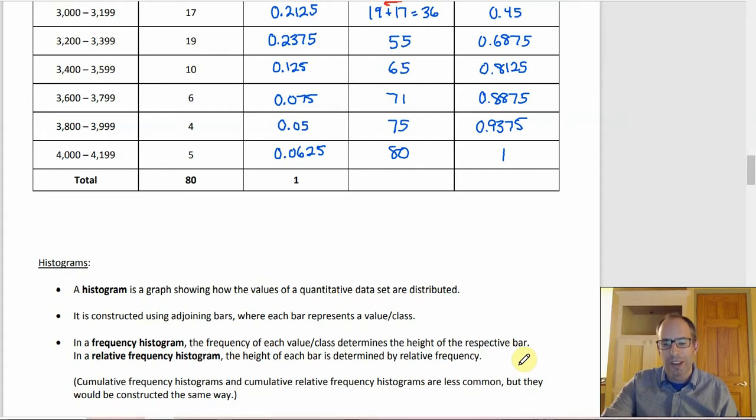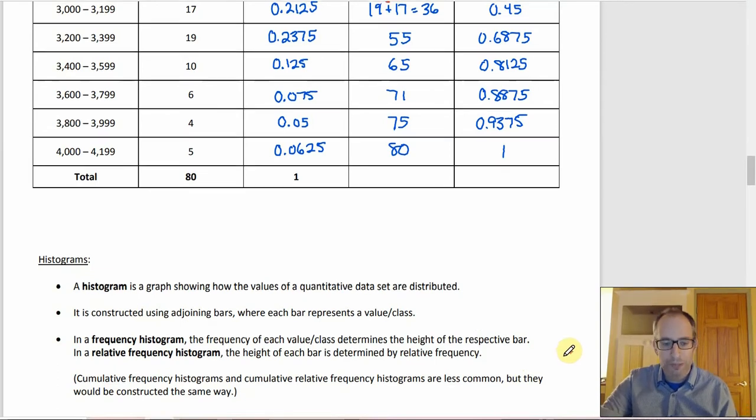It's just that the y-axis is going to have proportions on it instead of counts. But the graph would look the same, with the same shape. And you can also do this with the cumulative frequency and the cumulative relative frequency. That's less common, but you could make one if you wanted to, and it would basically be the same procedure.